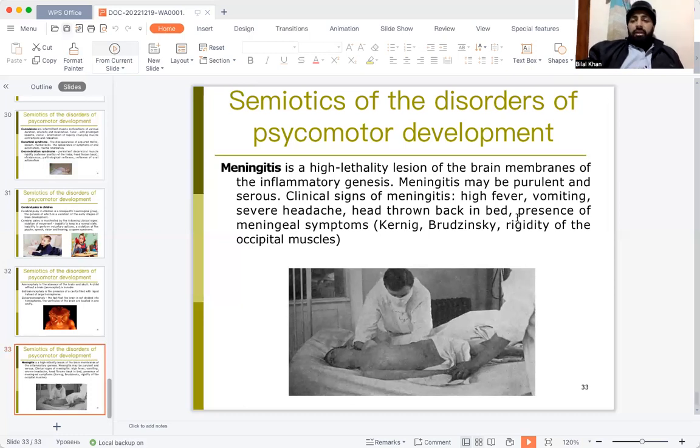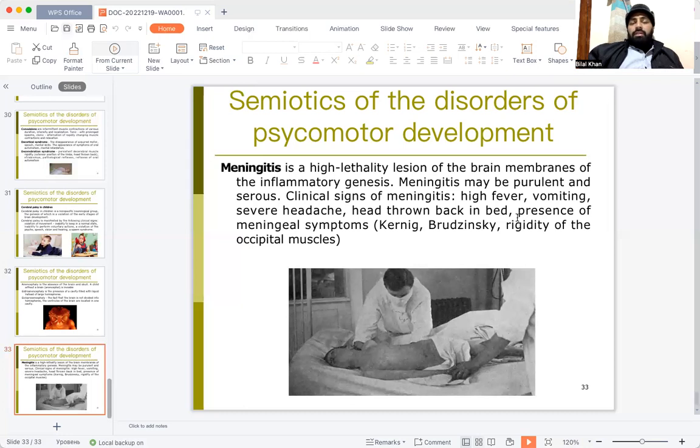Meningitis has three or four common causes, like meningococcal meningitis and pyogenic meningitis, which are bacterial meningitis. In children under 2 months, they are caused by E. coli, Streptococcus pneumoniae, and Staphylococcus aureus.